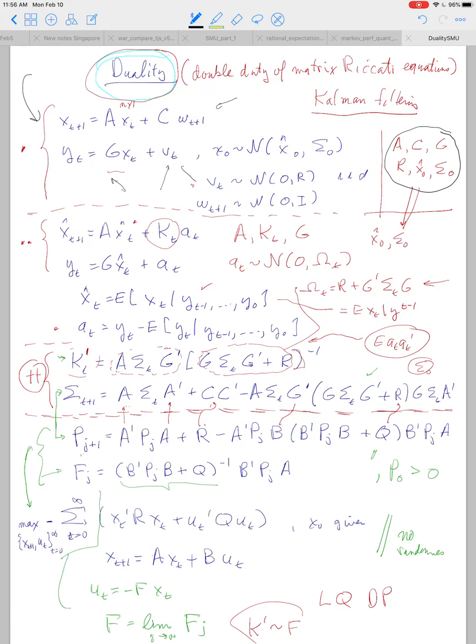The shock is IID, normal 0 R. It's a covariance matrix. W t plus 1, as usual, is normal 0 I. And our initial condition for the hidden state is normal with mean vector X hat 0 and covariance matrix sigma 0.